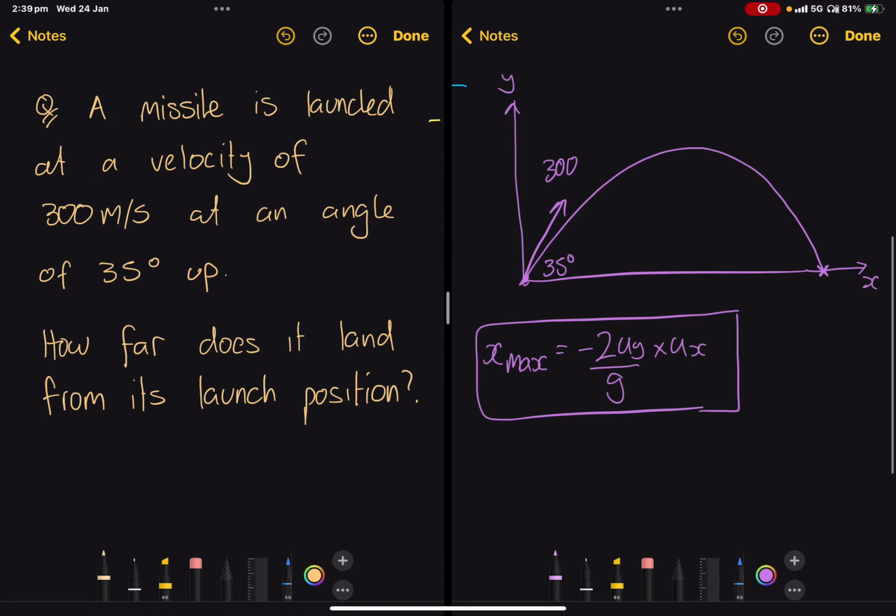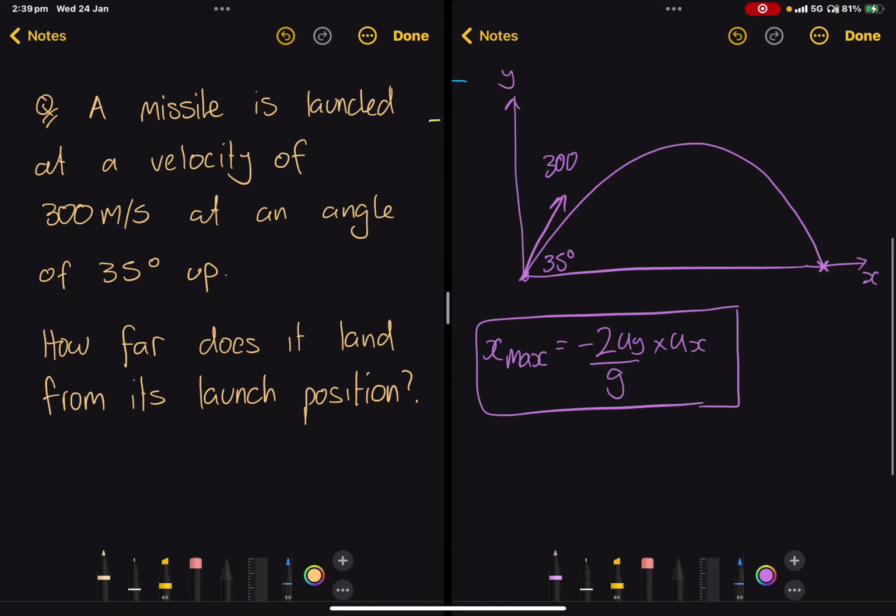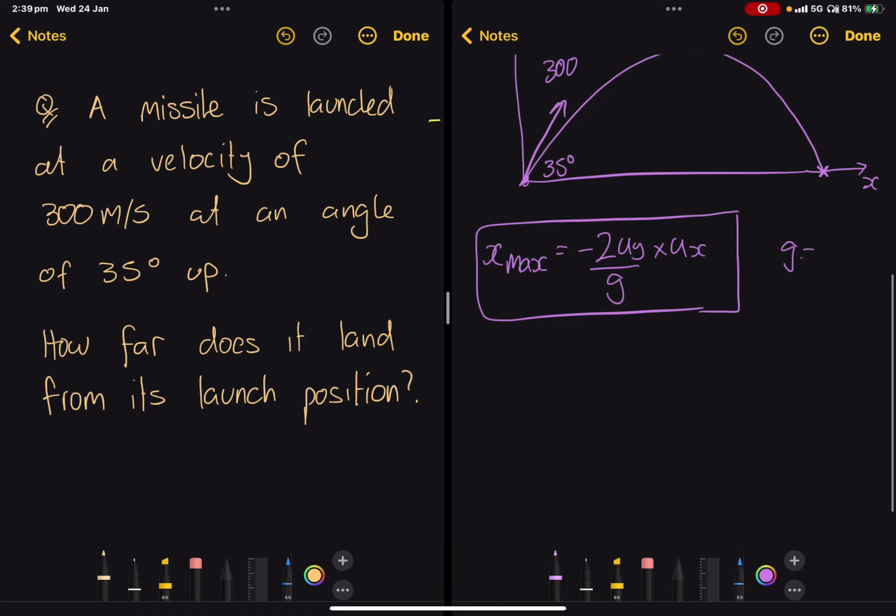So we need some information here. We need the initial velocity in x, the initial velocity in y. We know g is minus 9.8. So we can find ux and uy using trig. So we're going to have sine of 35 is equal to uy over 300.